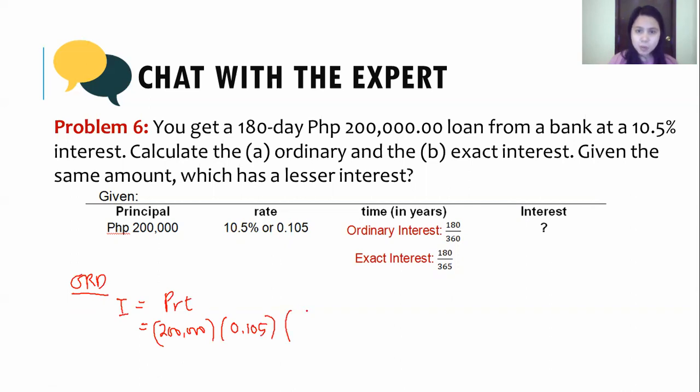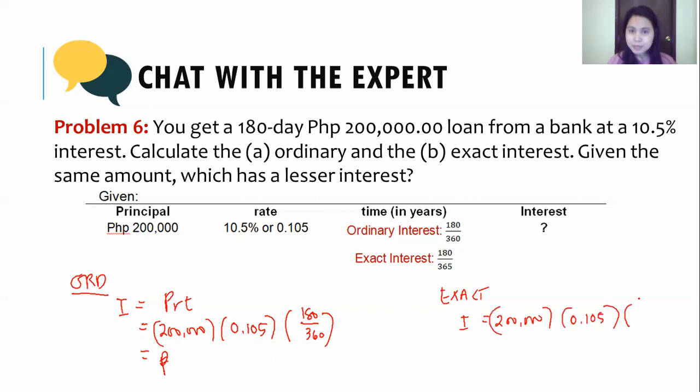Time is at 180 over 360. In the exact interest, the only difference is the time. So you have 200,000 times 0.105 multiplied by 180 over 365. You check, it's only the denominator that's different.